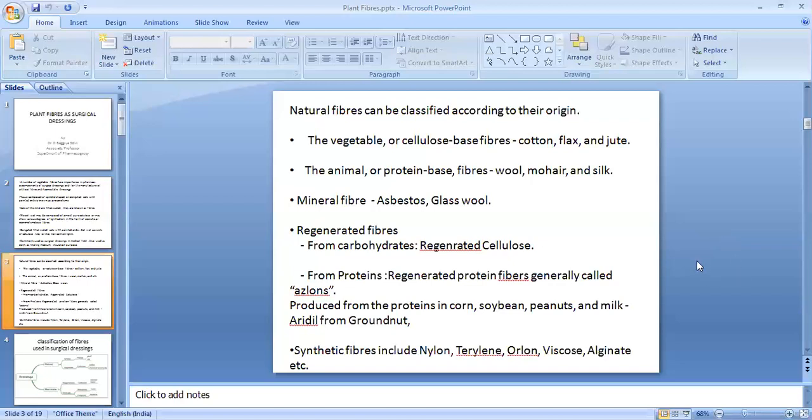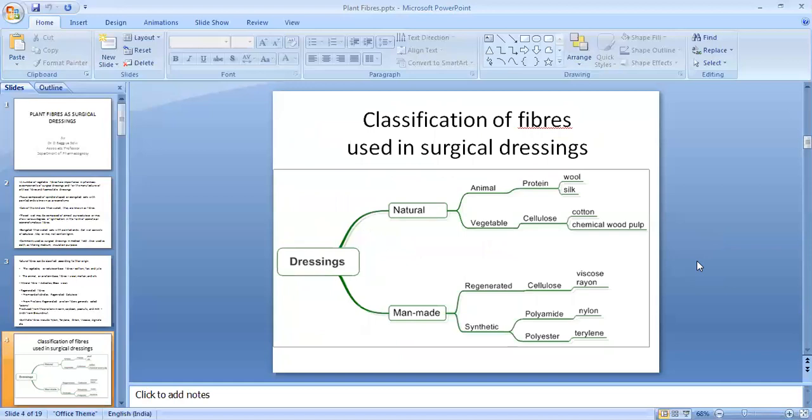Next we will see the pictorial representation of the fibers used in surgical dressings. Surgical dressings are made up of fibers obtained from natural sources or man-made fibers, that is, semi-synthetic and synthetic.